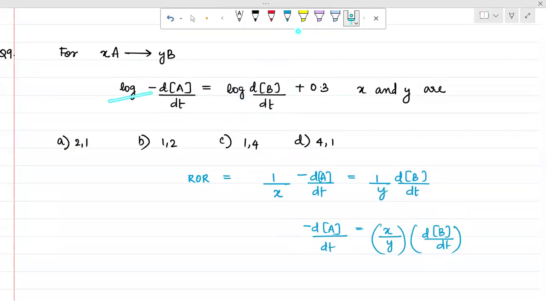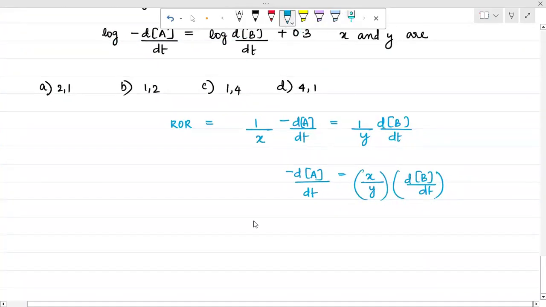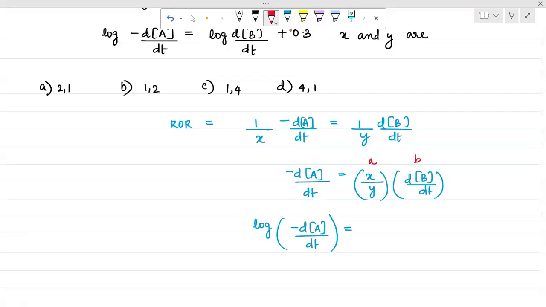Now I need logarithms. So let's take log on both sides. So this becomes log of minus dA by dt, which is equal to, now see, this is a product, correct? So let's say x by y is A and dB by dt is B. Understand that log A into B is log A plus log B. You have to know this, okay?